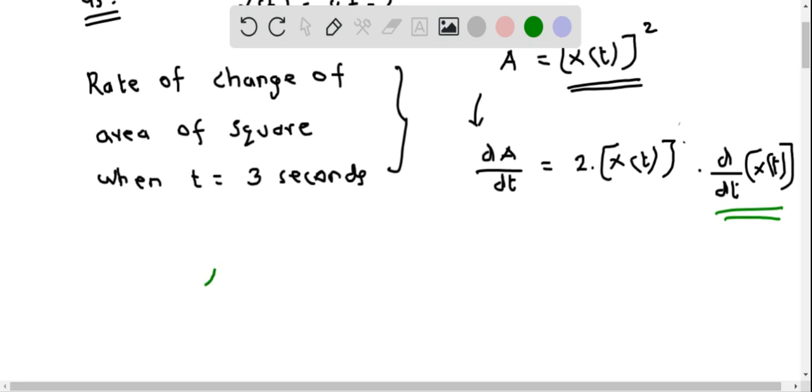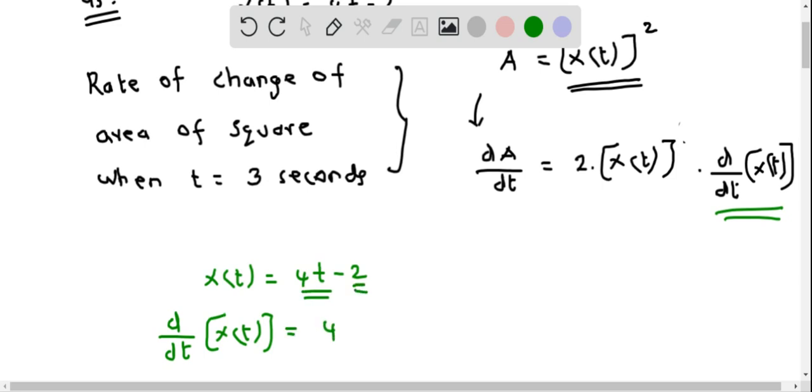For this I'm going to copy this x of t as given in this problem, which is x of t equals 4t minus 2. So which means we can find the derivative on both sides, that is d by dt of x of t. We find the derivative of 4t, which is 4, and derivative of 2 is a constant, so this becomes 0. So finally this is equal to 4.